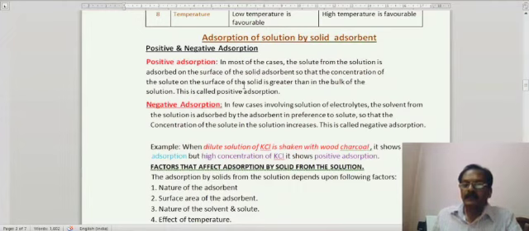That is the Freundlich adsorption equation, which tells us that the amount of adsorption of a substance on the surface of the adsorbent depends on the concentration. That's what you can say: the extent of adsorption of either a solute or solvent on the surface of the adsorbent depends on the concentration.